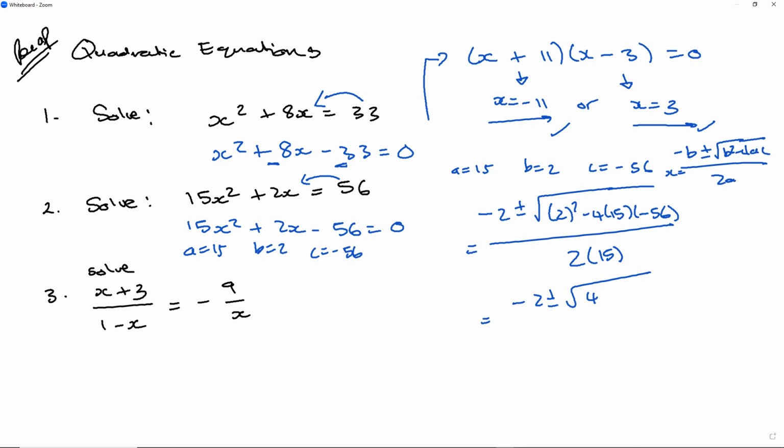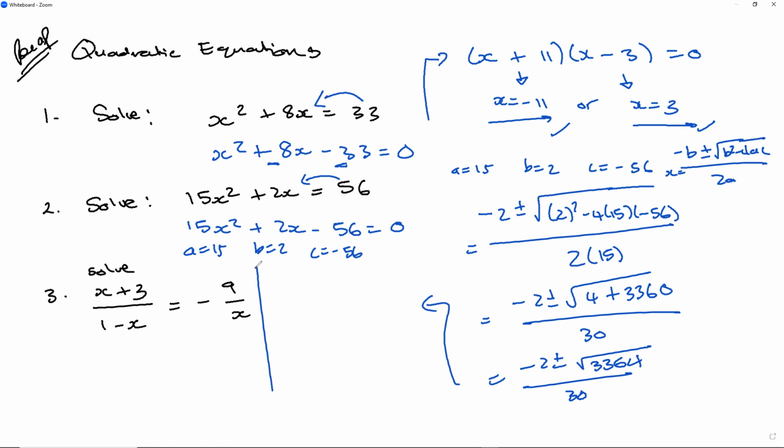What is 4 times 56? So that comes to plus 3,360 over 30. Okay, so if I did that correctly, I got negative 2 plus or minus the square root of 3,364, divided by 30.